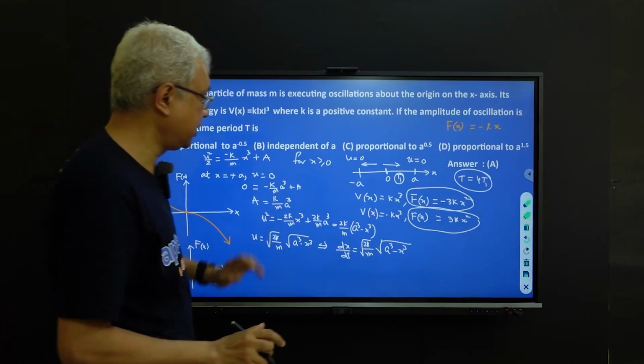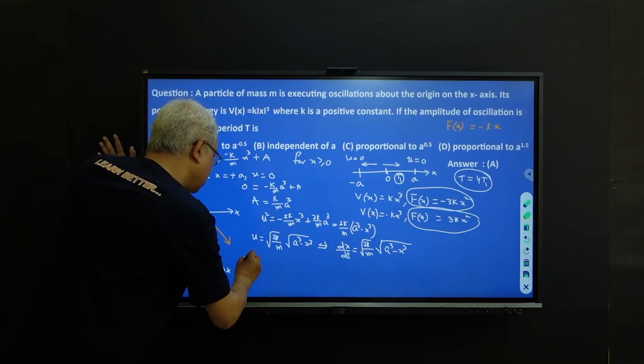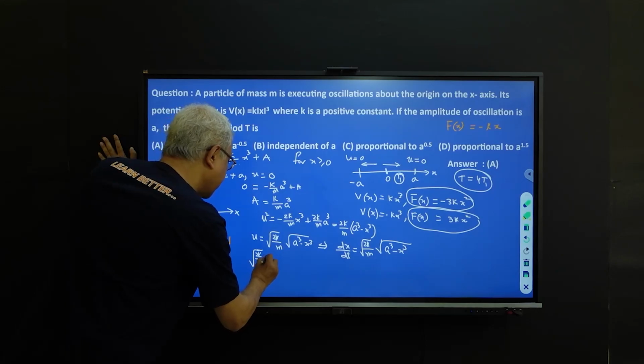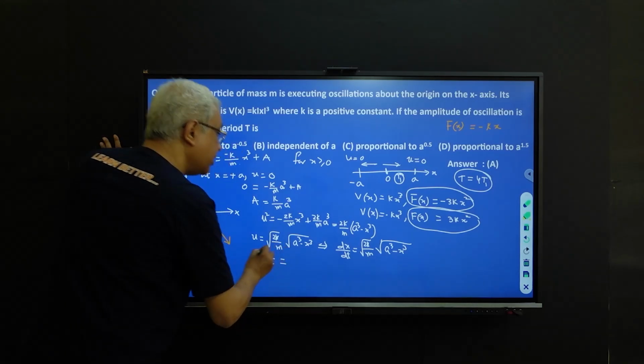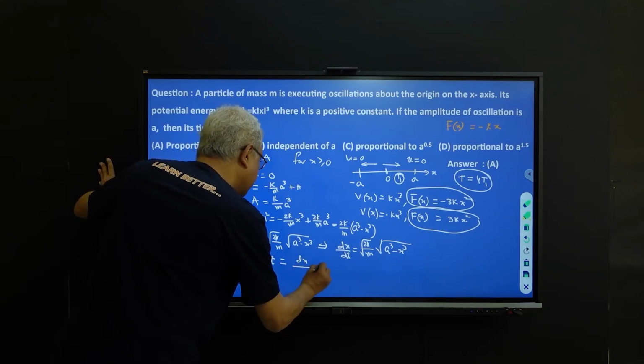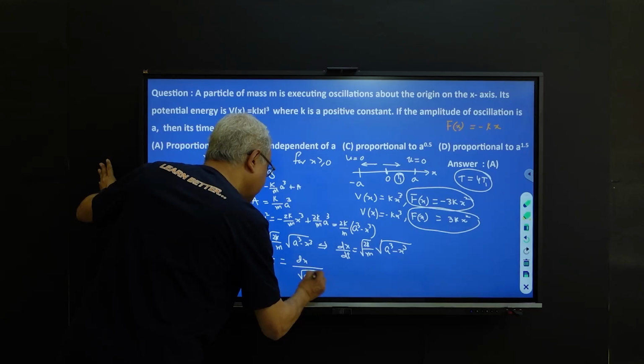Then velocity can be given like this. So root over 2k by m dt is equal to dx by root over a cube minus x cube.